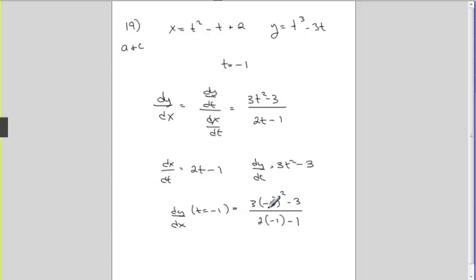Negative 1 squared is 1. 1 times 3 is 3. So actually we get 0, divided by 2 times negative 1 minus 1, which is negative 3. It really doesn't matter what the denominator is; if the numerator is 0, then it's 0. So we actually have a slope of 0 at that particular point. And so this is going to be a horizontal line. It's going to be y equals whatever the y value is right here.